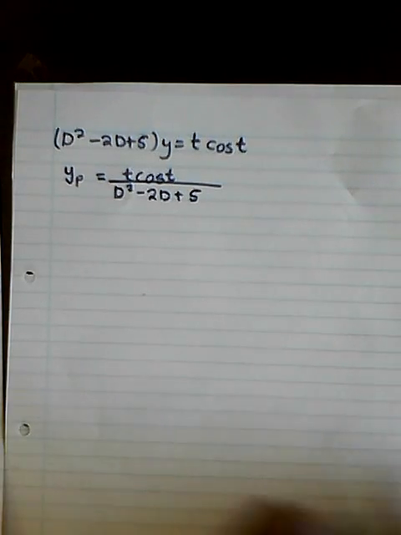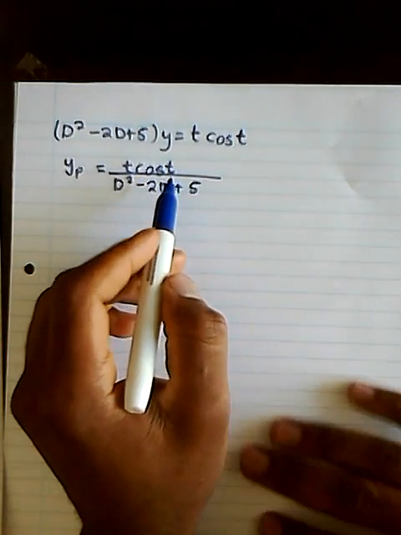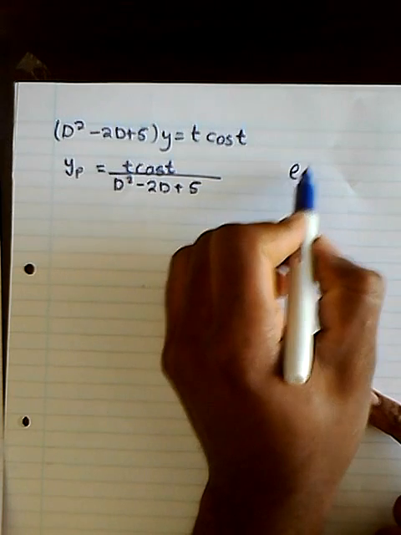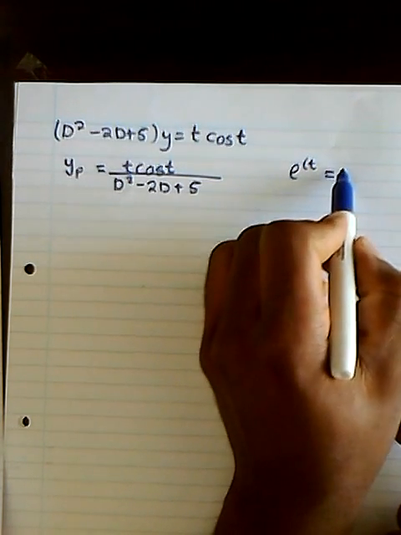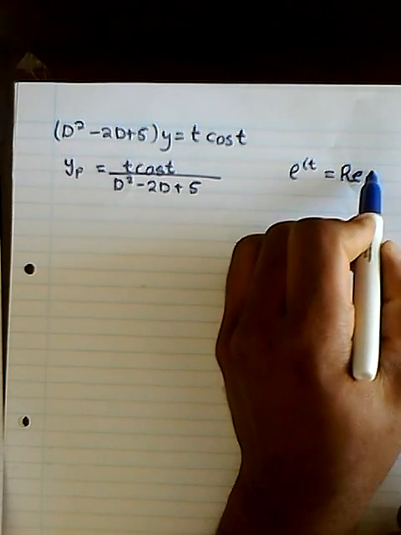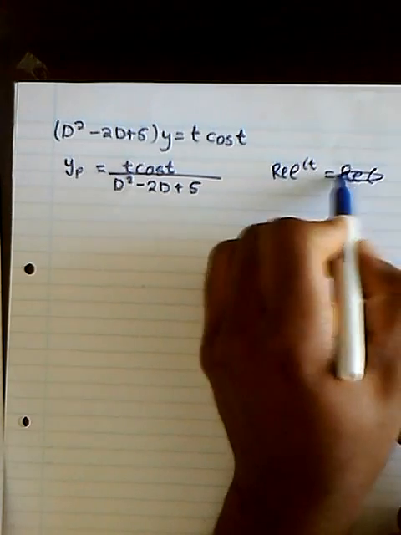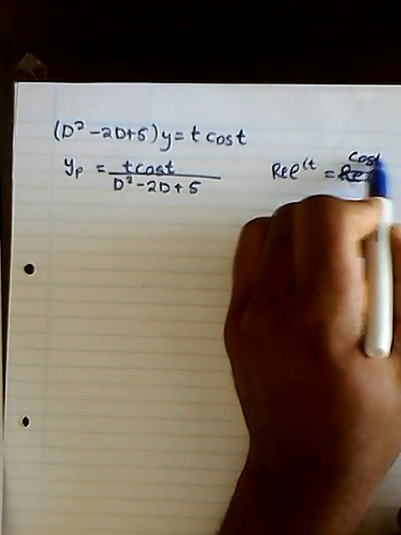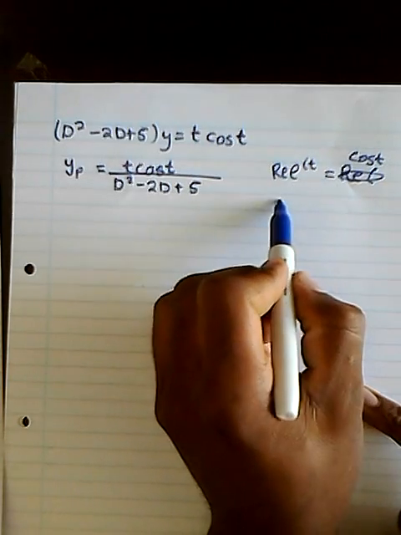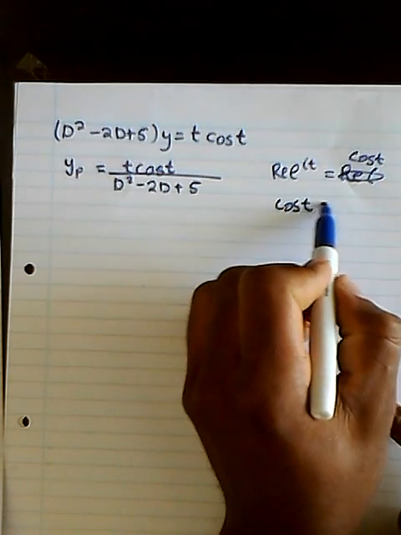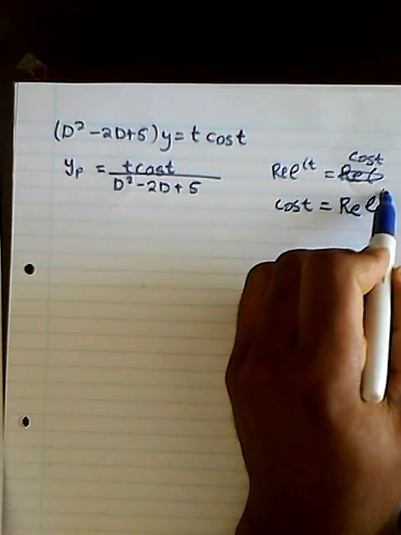Now note that cos t is the real part of e to the it. This equation tells you that cos t is the real part of e to the it.